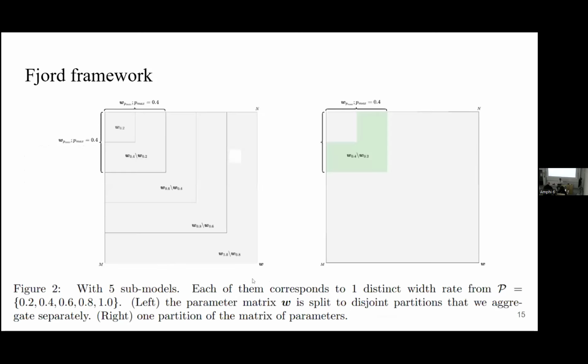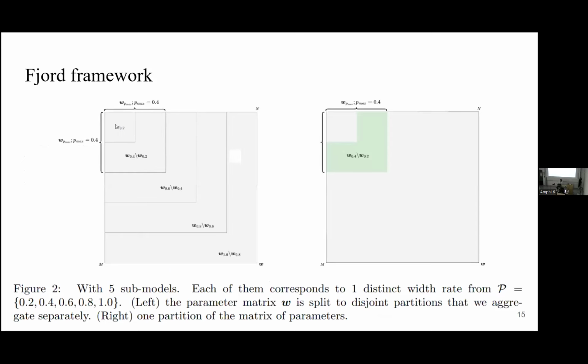I hope that's not too confusing. If you have one weight matrix in one layer, the smallest model has these parameters here, the bigger model is this, and the bigger one is this, until we reach the full model, which is all of this.